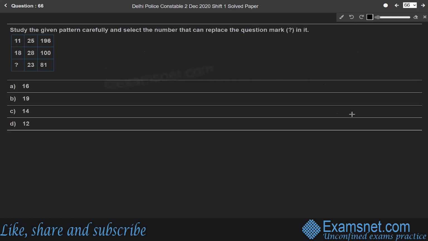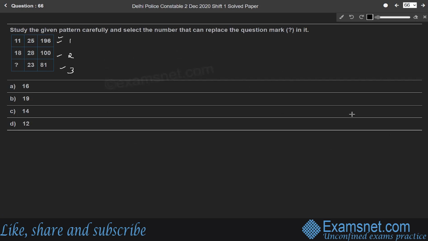Question 66. Study the given pattern carefully and select the number that can replace the question mark in it. So here are 3 rows. So first row, second row, and third row. Look at the first row where the numbers are 11, 25, and 196.